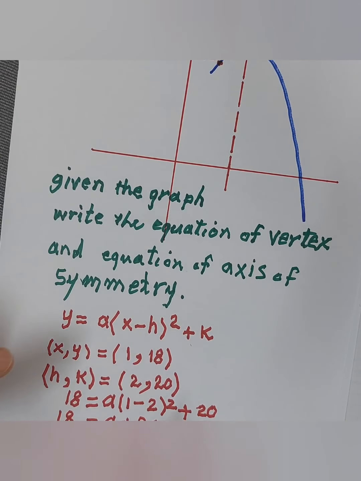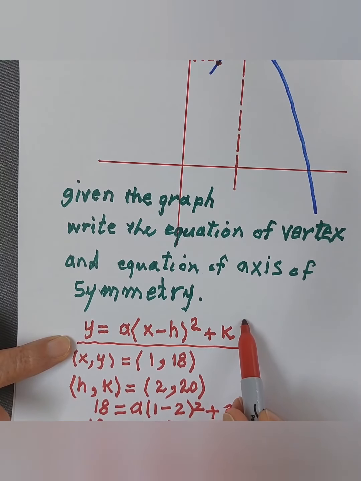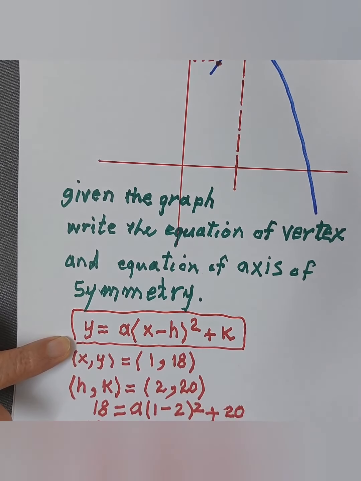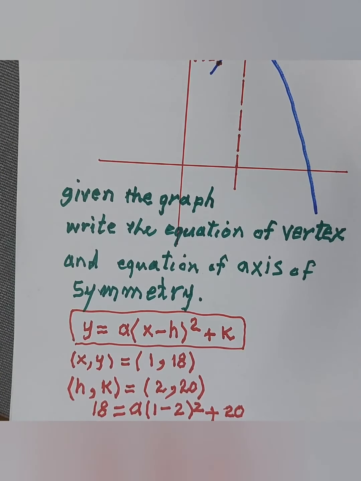After that, we return again to the same equation we started with and put the value of a here, and the values of h and k, and we keep y and x in the form of the equation.